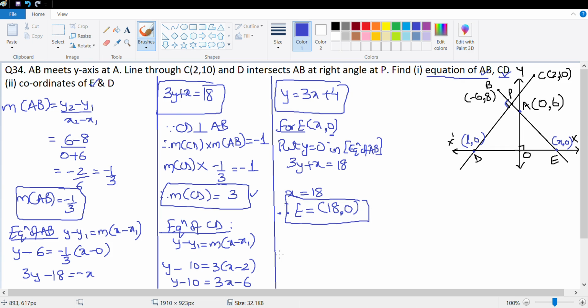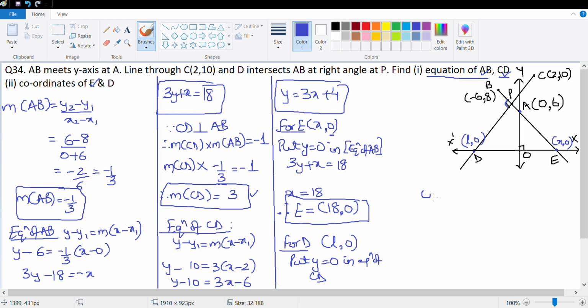Now for D. For D, which is (L, 0), again it lies on the x-axis. So put y equal to 0 in the equation of CD, because it lies on the line CD.